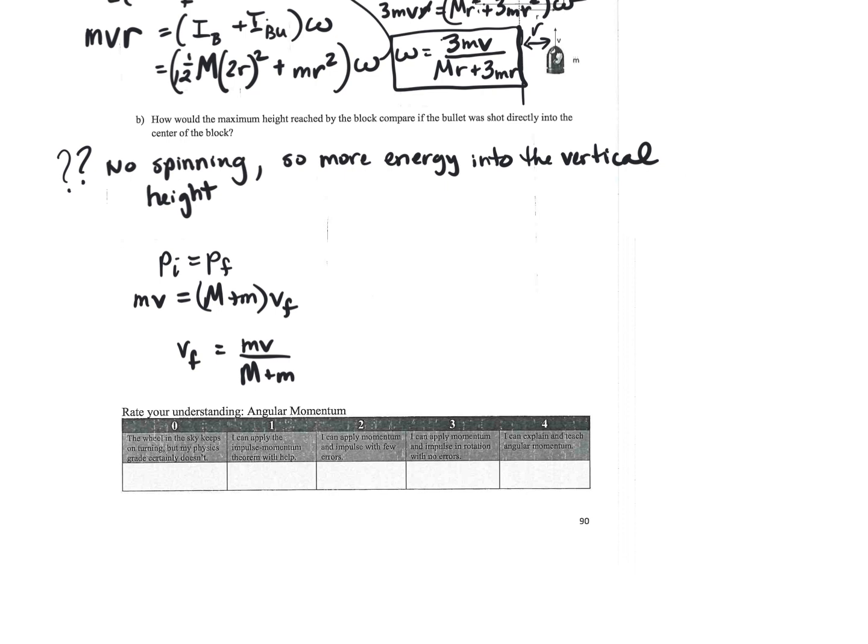What do we know about angular speed versus linear speed? So this is center, right? What's off center? What do we know about off center? What do we know about omega? Omega equals what?